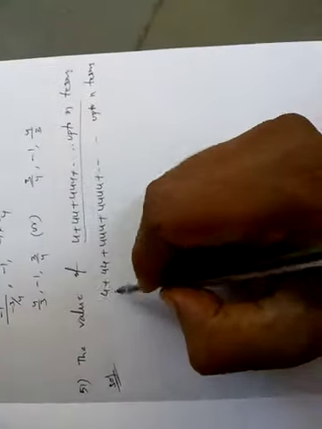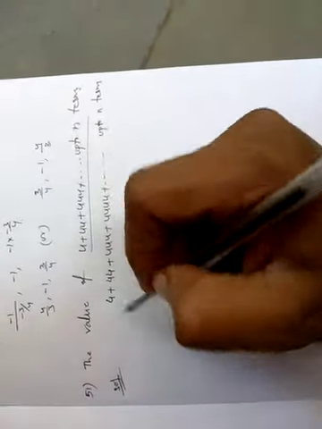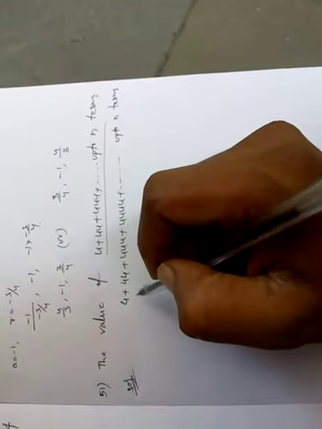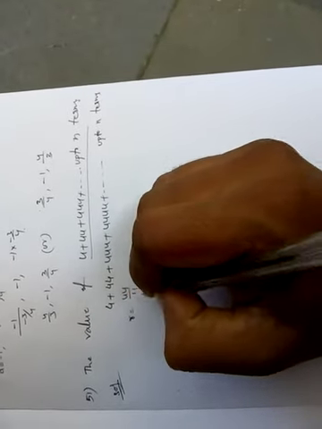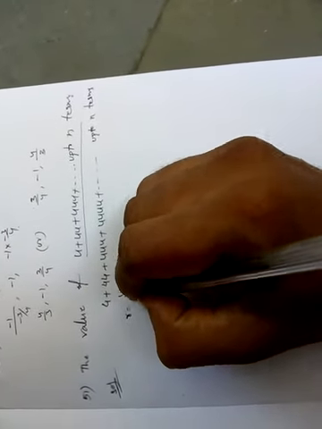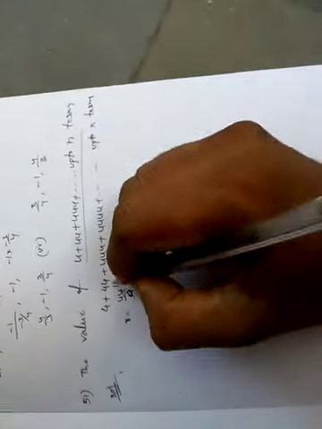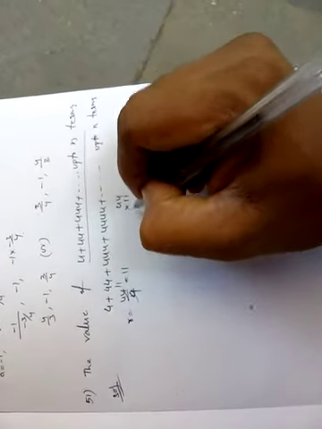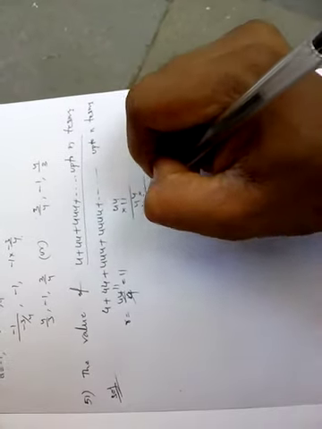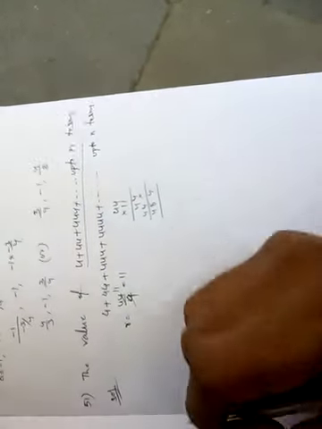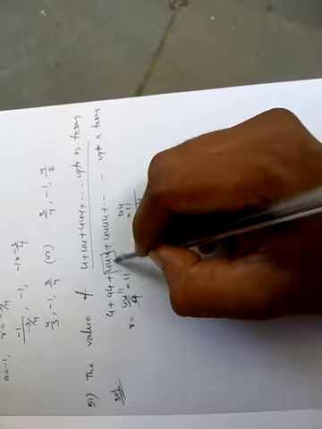Okay, now observe whether this series is in AP or GP. This is not in AP. If you check GP, r is equal to T2 by T1. So we get r is equal to 11. If you multiply 44 with 11, we get 484, but here 444 is there.